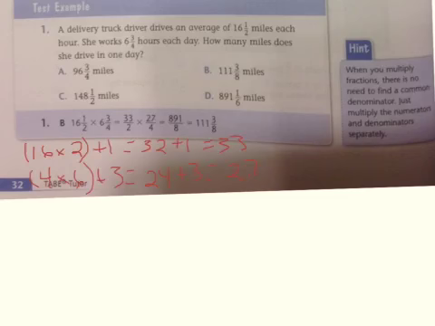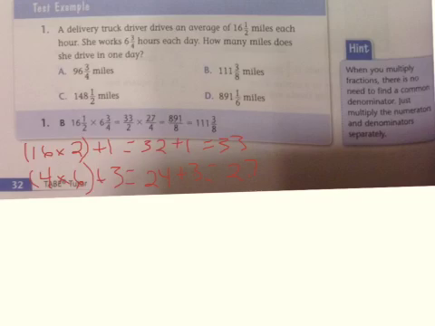To get our improper fraction, we're going to multiply 16 times 2 plus 1, and that's going to give us 32 plus 1, a total of 33. Then we say 4 times 6 equals 24, plus 3 more equals 27.